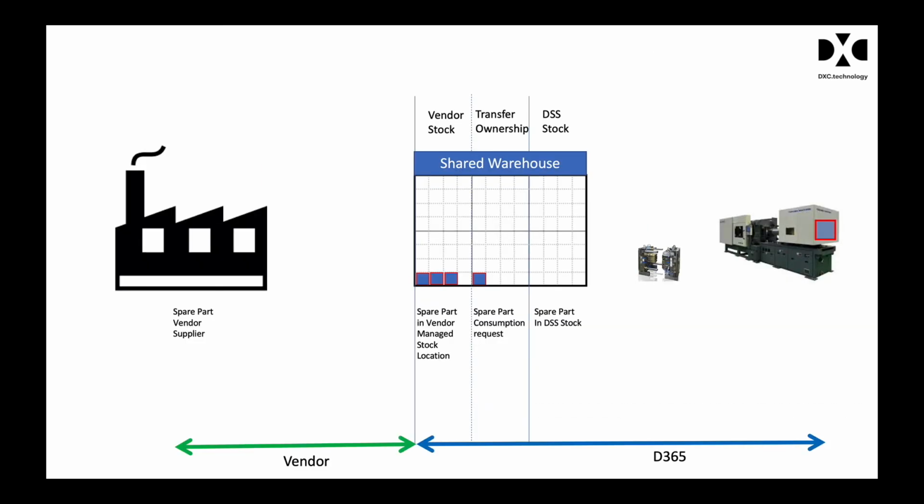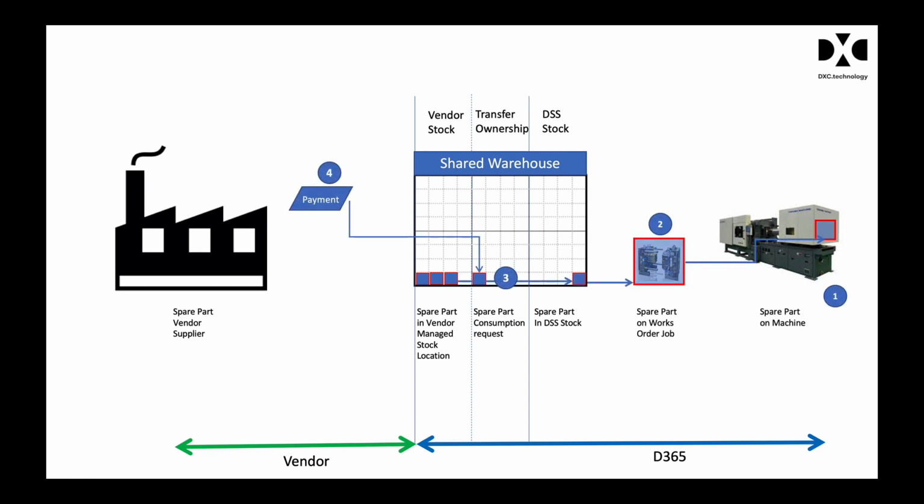And the final area is that we can do vendor managed inventory. Therefore, if you do have inventory which you want the supplier to manage, this particular scenario shows an order coming through where you need a part. You can identify the part and then pick it up from stores to go and fix it and install it.